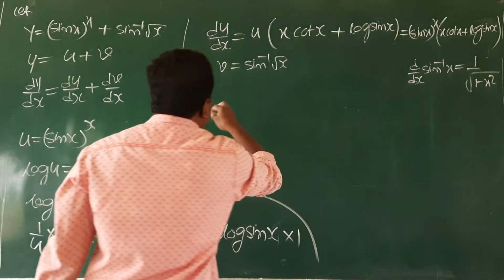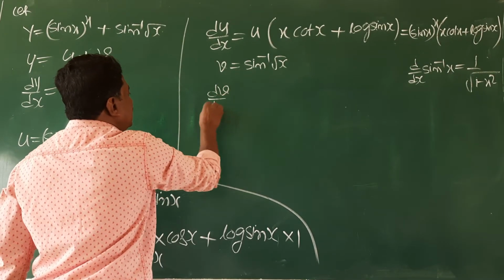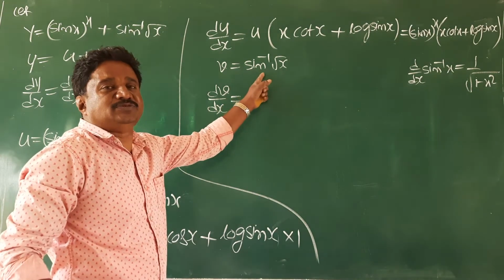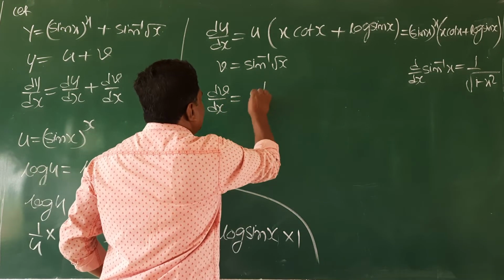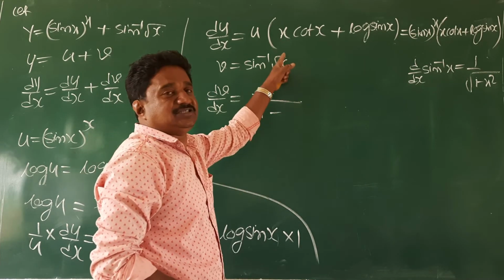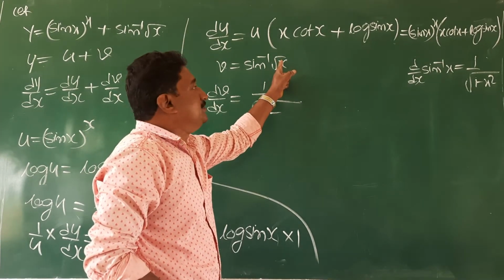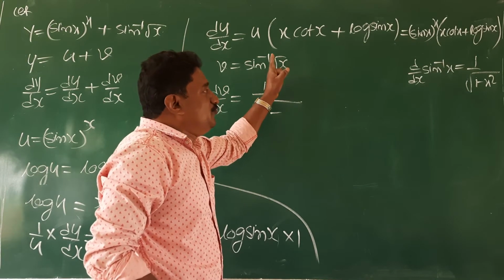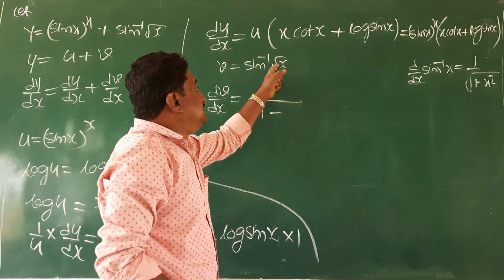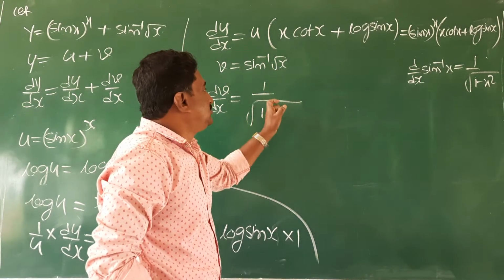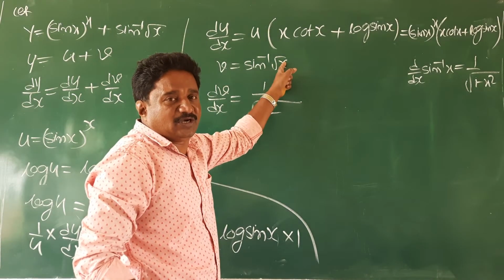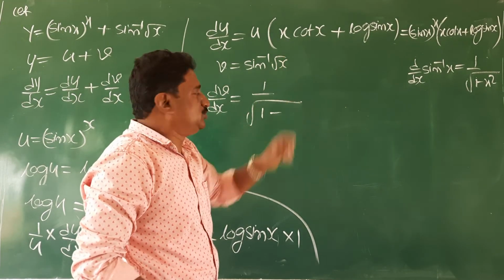So differentiation of v is dv by dx. Differentiation of sin inverse is 1 by root of 1 minus, in the place of x I am having root x, so I should write root x whole square.